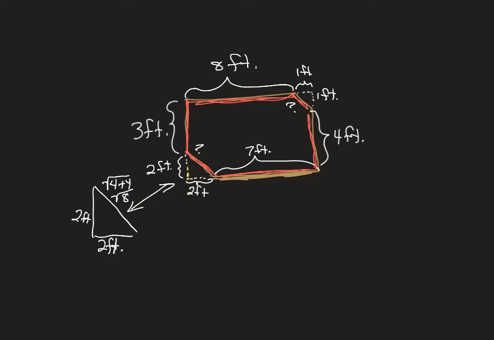So that will be my length, square root of 8. And over here on this corner, I have 1 foot by 1 foot, which means that square root of 2 feet will be my answer for this length. That's the square root of 2.